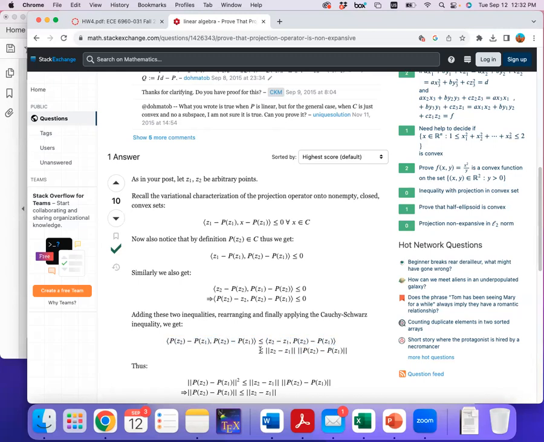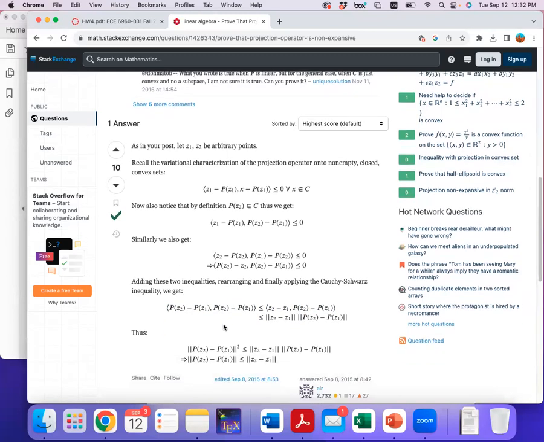So the left-hand side becomes a squared distance, and the right-hand side is a dot product. This dot product can be bounded by the product of the norms by using the Cauchy-Schwarz inequality. So just combining, we have the squared distance less than or equal to the product of these distances, and then we cancel one of them.